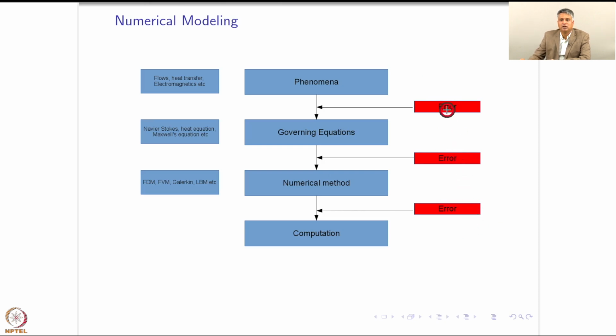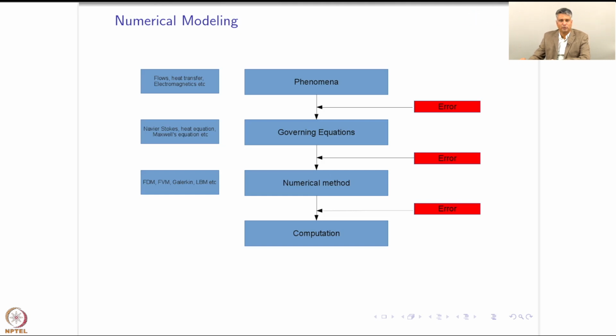For example, let us say we have an incredibly accurate computer which gives us precision of the order of 10 raised to minus 32, or maybe even 10 raised to minus 100. But if my method for converting the governing equations to a numerical method is not super accurate and introduces errors of the order of 10 raised to minus 2 or minus 4, then having computation of the order of 10 raised to minus 100 serves no purpose.